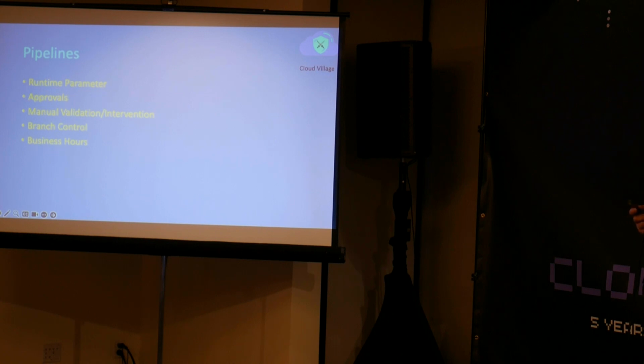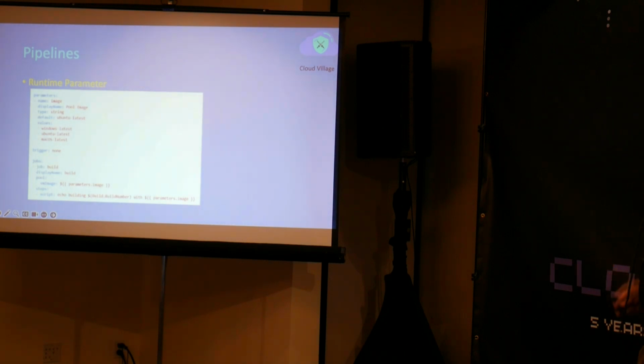That basically means you have to log into Azure DevOps, go to the pipeline and click on continue. You have something called branch control that will say that only from certain branch or branches you are allowed to make the deployment.